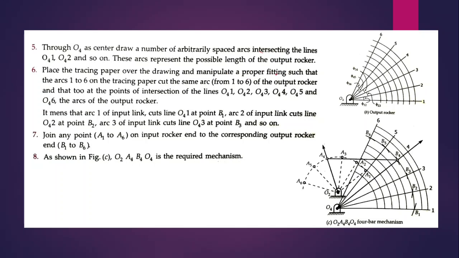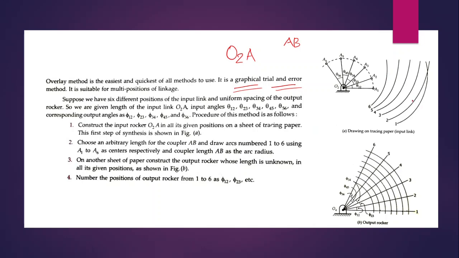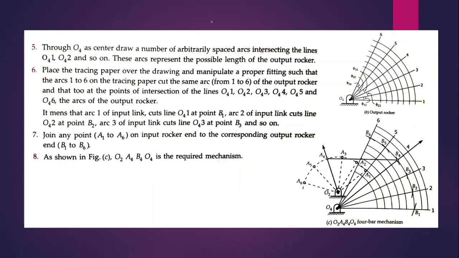We have to move that tracing paper in order to find a proper fitting such that the 6 arcs on the tracing paper cut the same arcs of the output rocker, and that too at the points of intersection of lines O41, O42, O43, O44, O45 and O46.